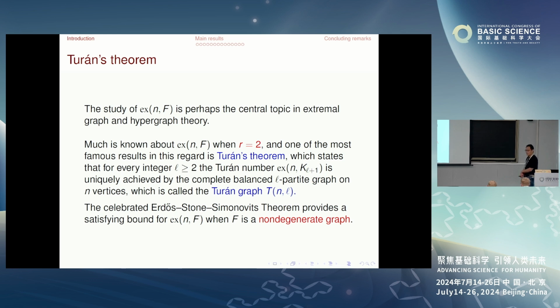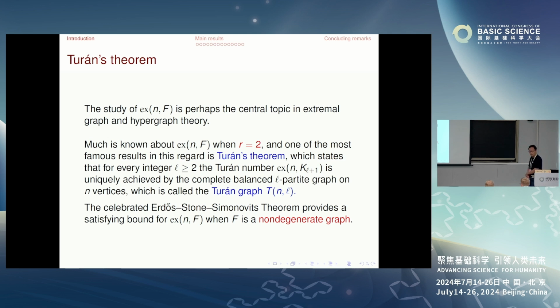And the classical theorem shows that the Turán number of the complete graph on l plus 1 vertices is uniquely achieved by the complete l-partite graph on n vertices.